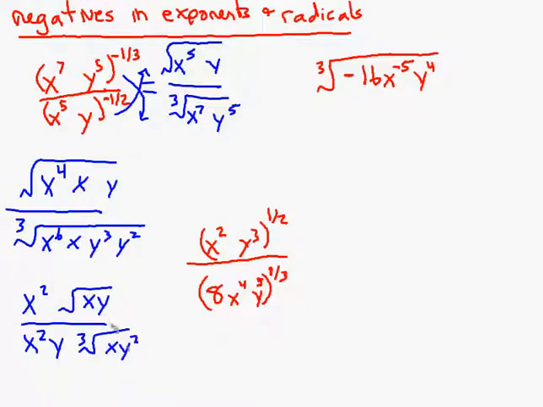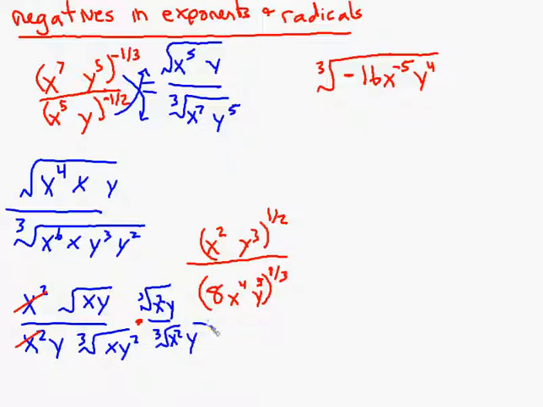Now again, I can't just cancel those because these indices are different, but I can cancel those x's completely. I have a y down there. Now I need to rationalize. I cannot leave that radical down there. So I'm going to do cube root, and again I want a perfect cube here, so I'm going to do cube root of x squared y, because I have y squared times y is y cubed.